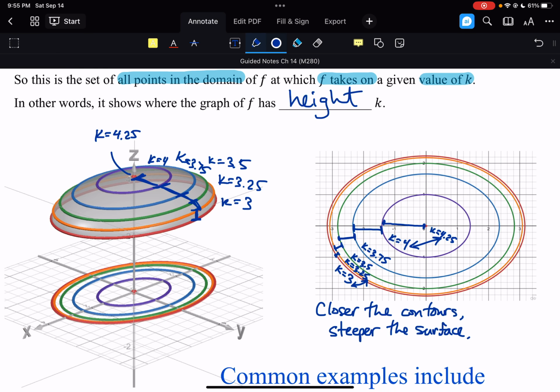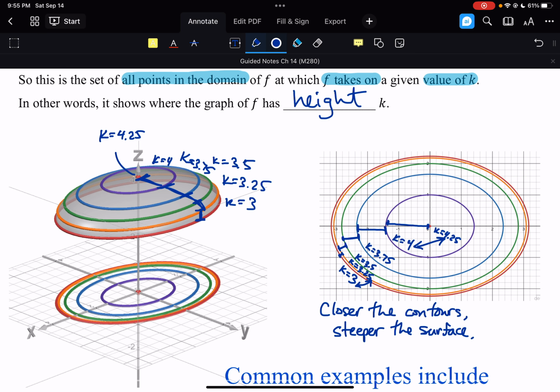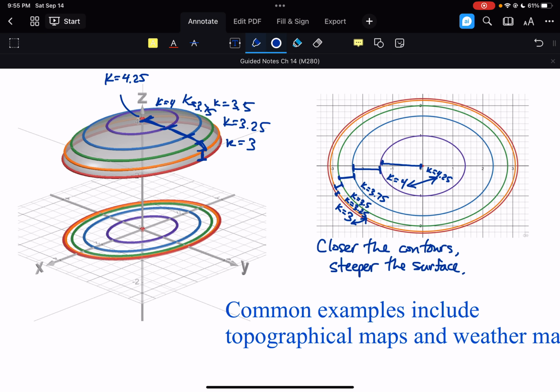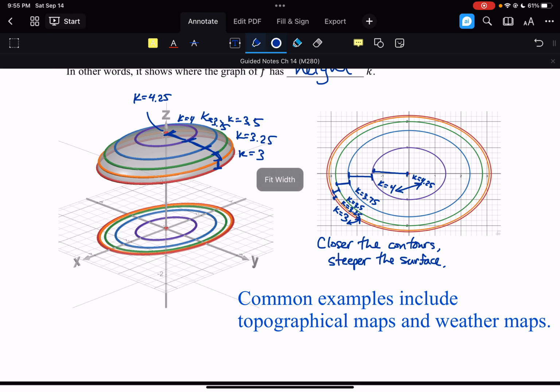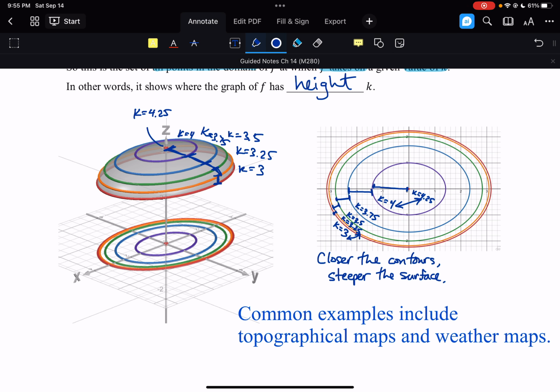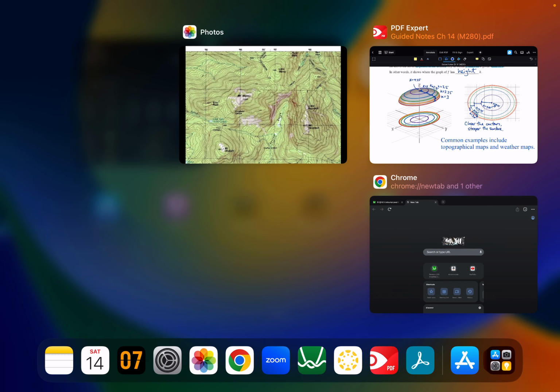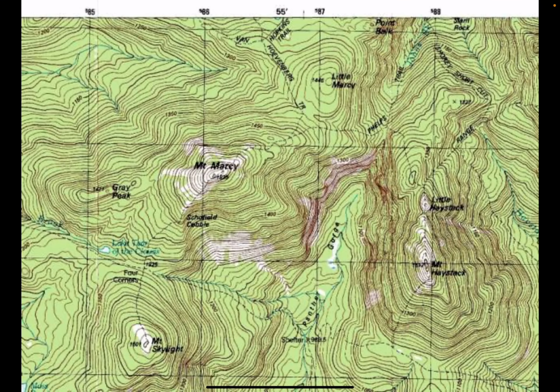Some common examples where you can see contour maps in the real world, in application, are topographical maps and weather maps. These are two very common locations of contour maps and level curves, and I have a few examples here to show you all.